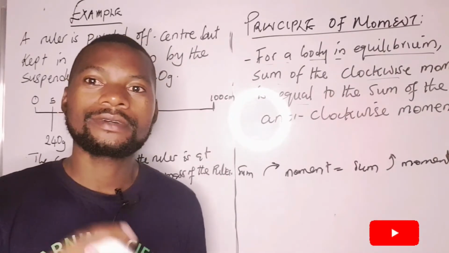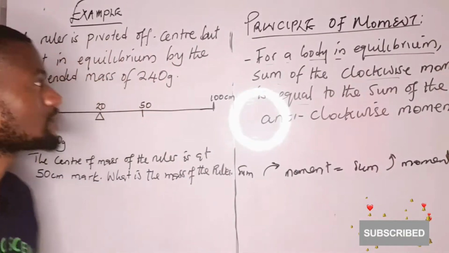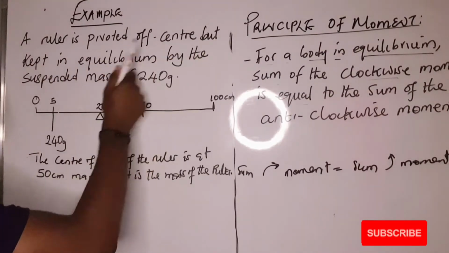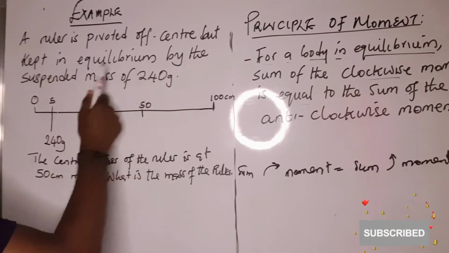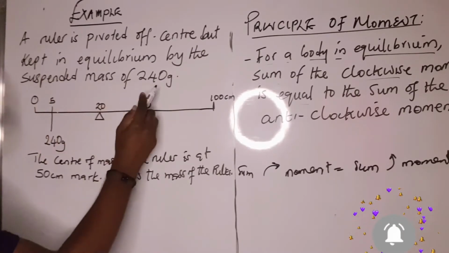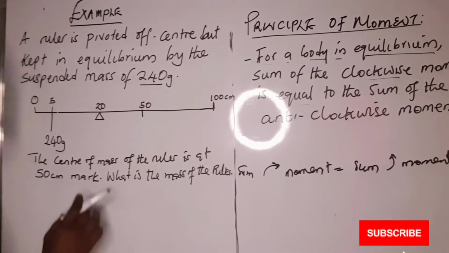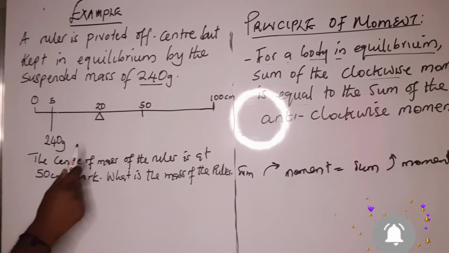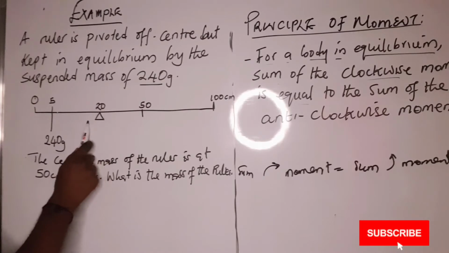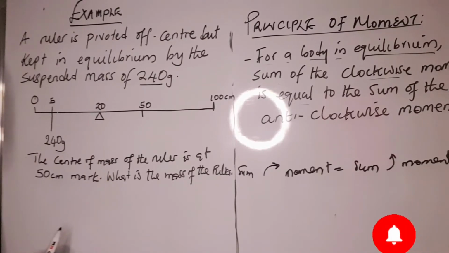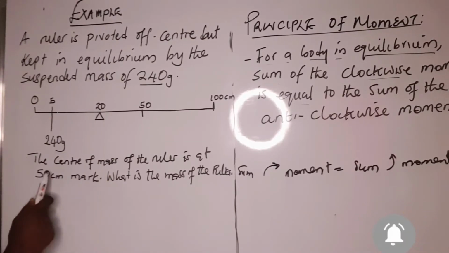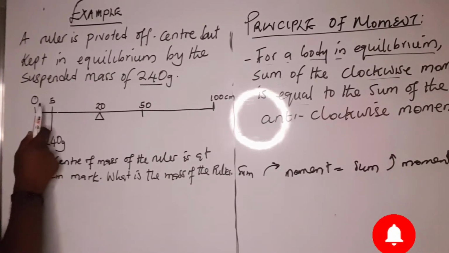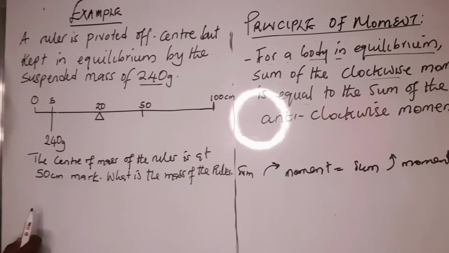Okay, so let's look at this example. A ruler is pivoted off the center but kept in equilibrium by the suspended mass of 240 grams. So this is a ruler which we have, and in this case this ruler is pivoted at the 20 centimeter mark and the mass of 240 grams is suspended at the 5 centimeter mark.